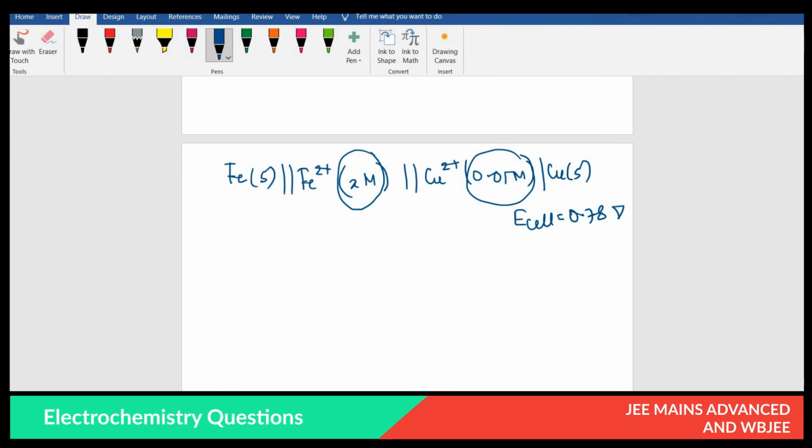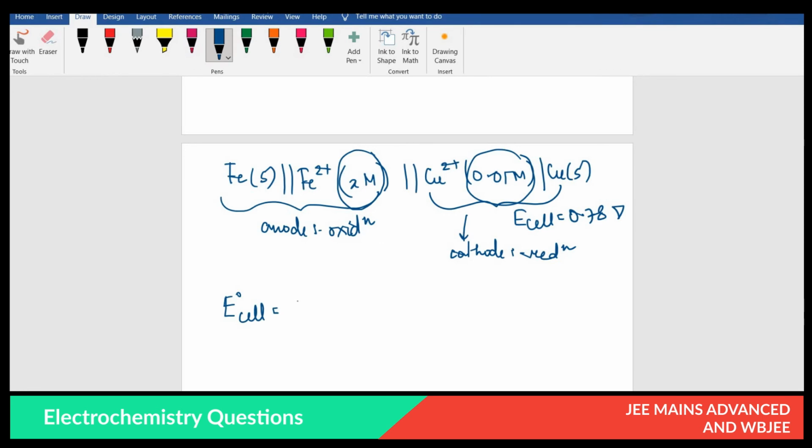The left hand side of any cell equation denotes the anode part where oxidation occurs, and the right hand side denotes the cathode part for any galvanic cell, which is the reduction part. Now, to calculate the E0 cell, we know E0 cell is equal to E oxidation plus E reduction.